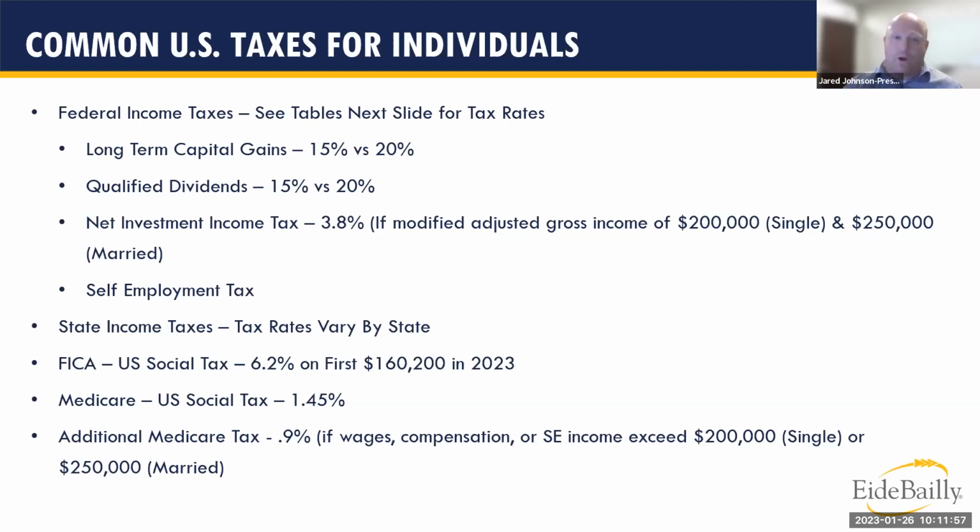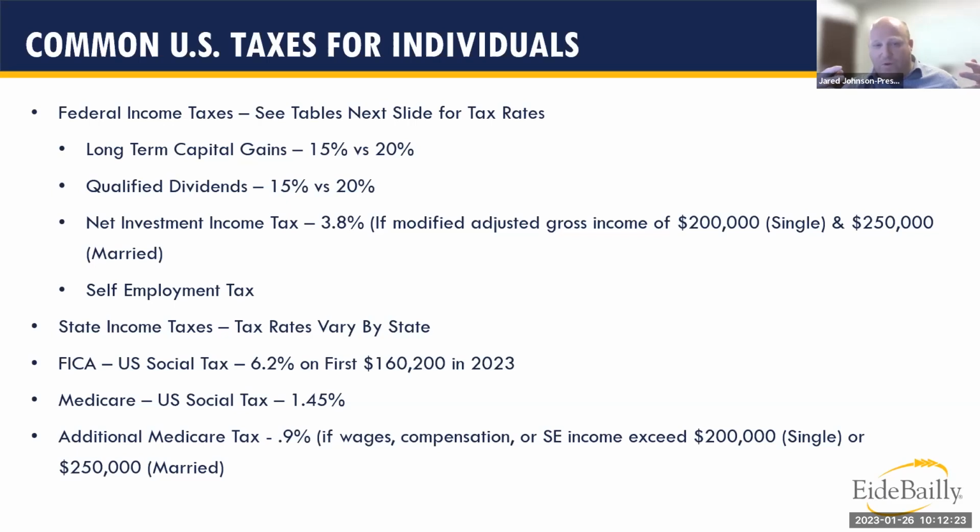There are the general ordinary income tax rates, which I'll show you the tax brackets on the next slide. But in addition to that, you have certain income items that are not ordinary income, and they sometimes have preferable tax rates, like long-term capital gains, which has a 15% or a 20% rate. That 15 versus 20 also applies to qualified dividends.